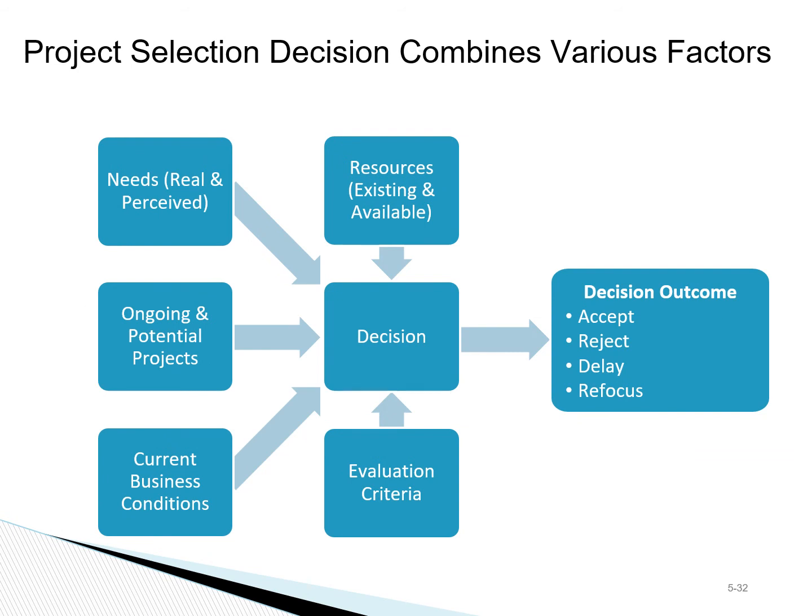So after we analyze various alternatives, we may select one of the alternatives. That's when we accept the alternative. We can also reject all of the alternatives if they don't really make sense for the organization.